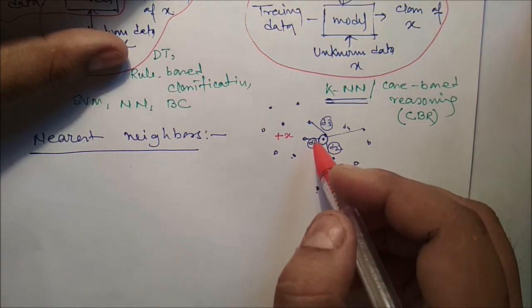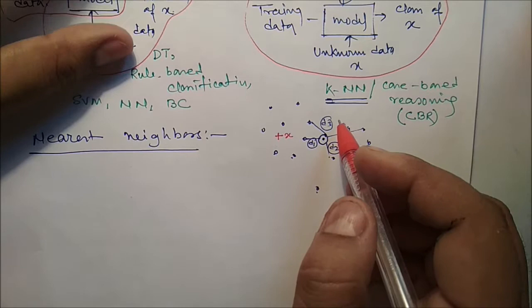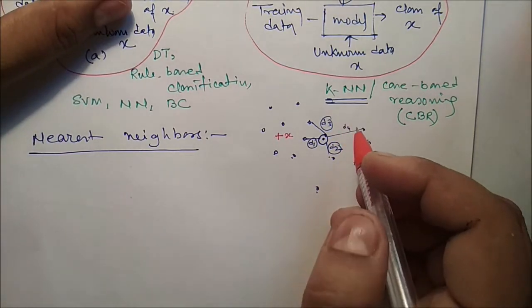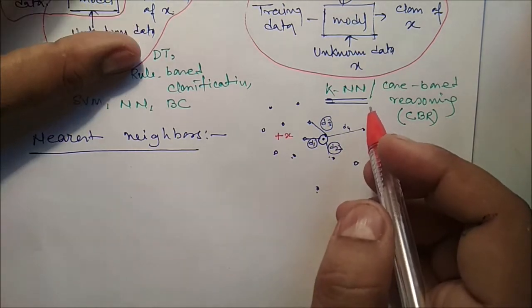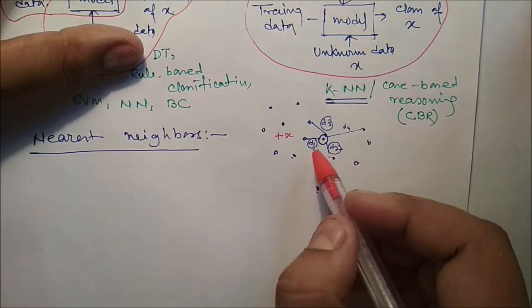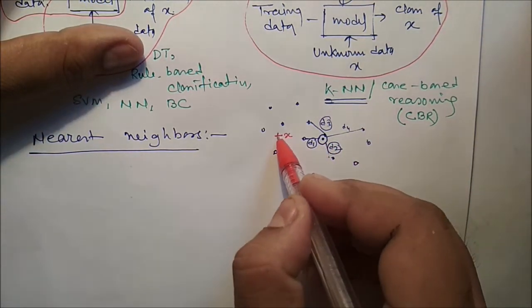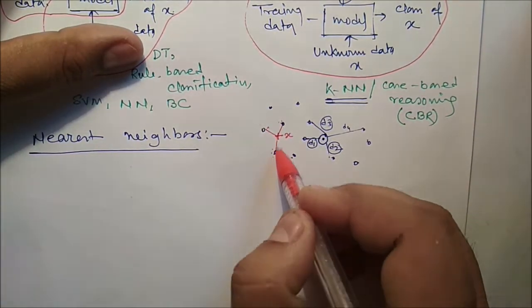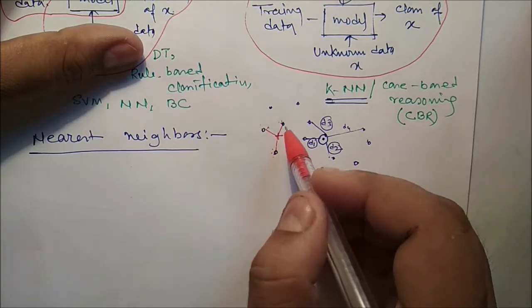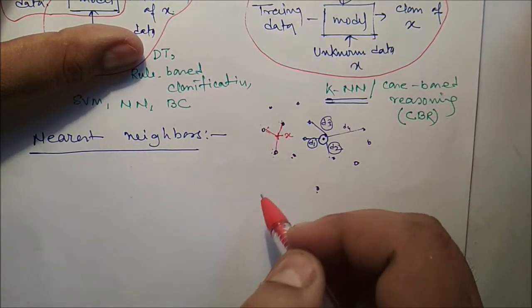Here we have to calculate the distance, and generally we calculate Euclidean distance. More distance means more dissimilar, and less distance means more similar. So if you compute distance, these three are the most similar data, the nearest neighbors, because their distances are less.